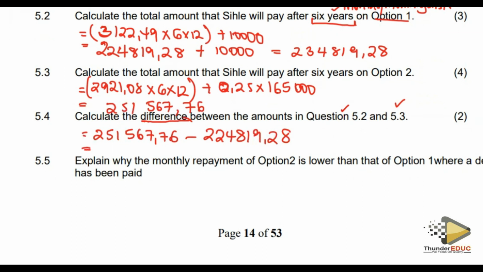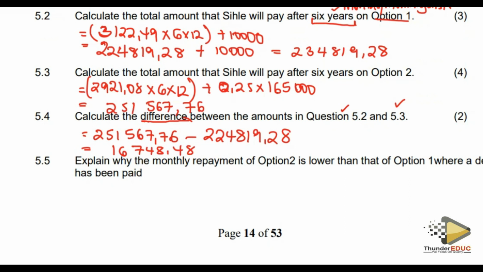So we have our answer as 16,748 rands 48 cents. That's the difference.